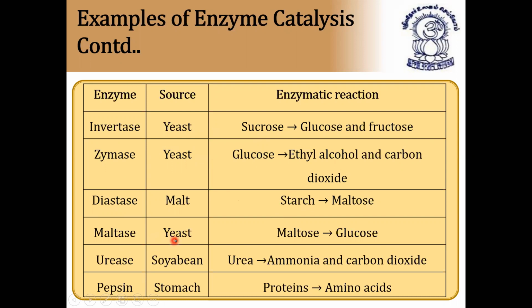Maltase also comes from yeast cell, and is used to convert maltose to glucose. Urease comes from soya bean, just like your meal maker. It is used to convert urea into ammonia and carbon dioxide. Pepsin is present in the stomach; the source is the stomach. It is an enzyme released from the stomach which converts proteins into amino acids.